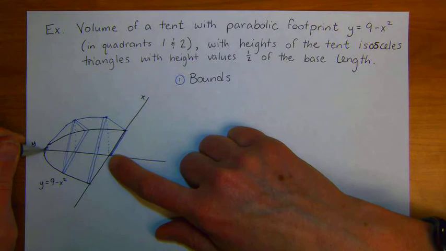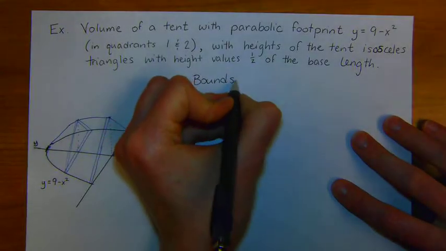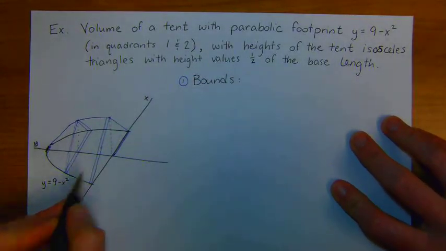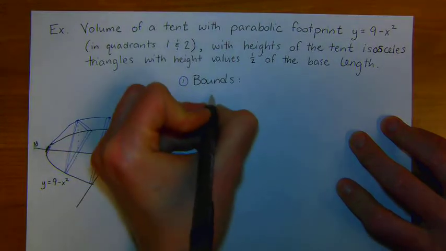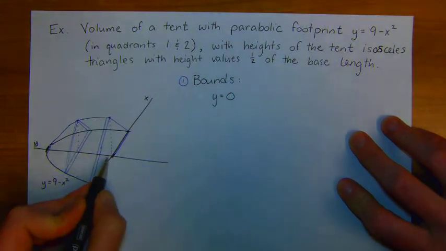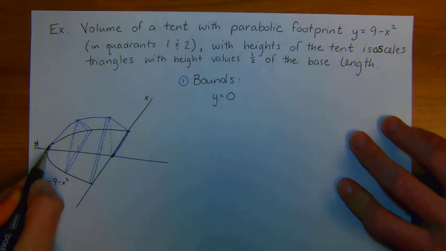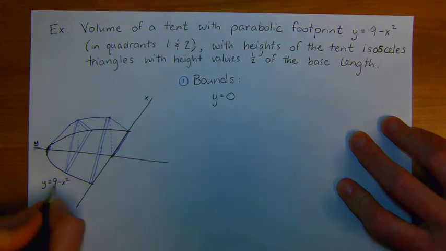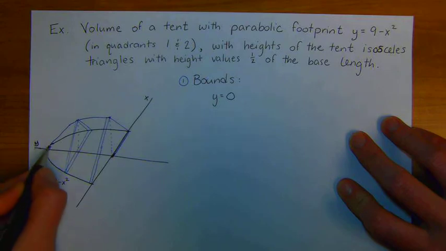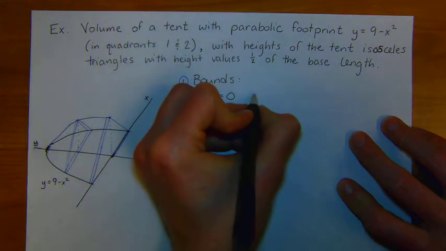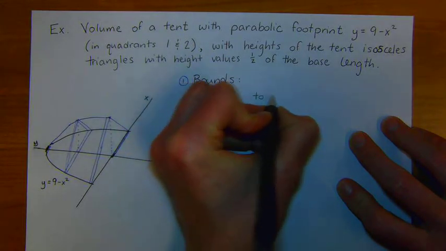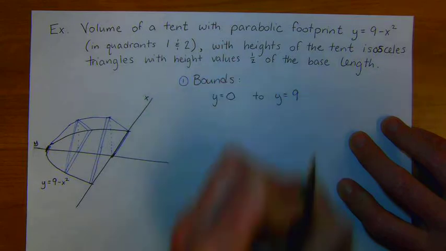Looking at the footprint, the base of this figure, it starts at x equals 0, and then it extends up until this intercept up here, and given this function, when x equals 0, y equals 9. So I know my slices of bread go from y equals 0 to y equals 9.